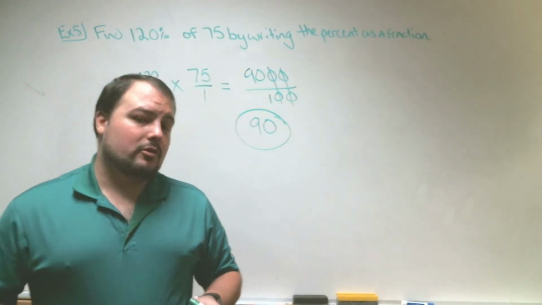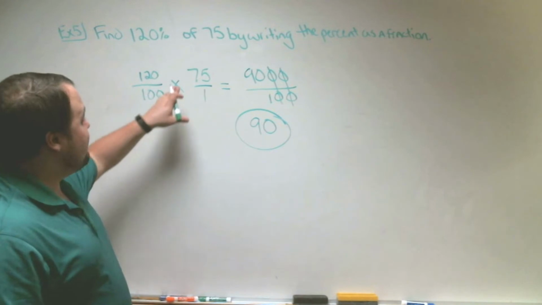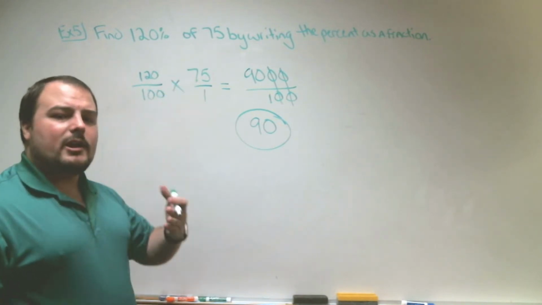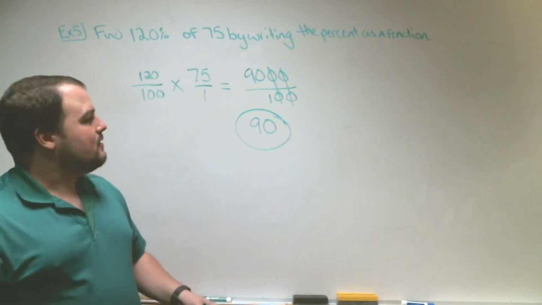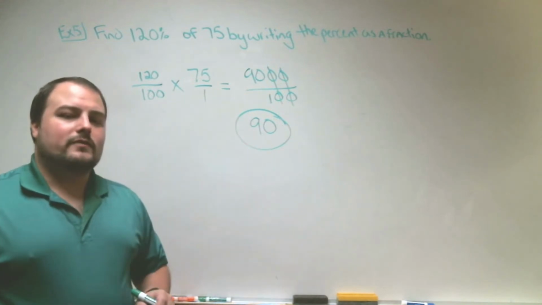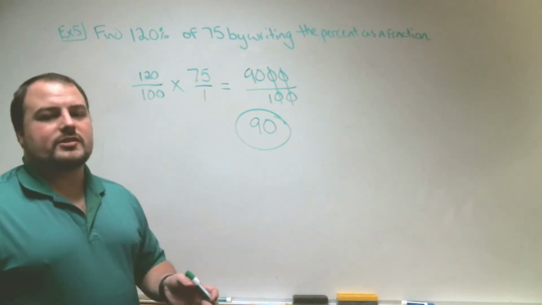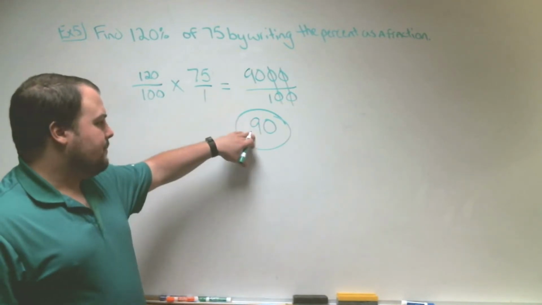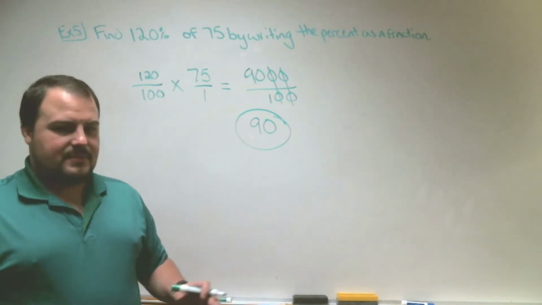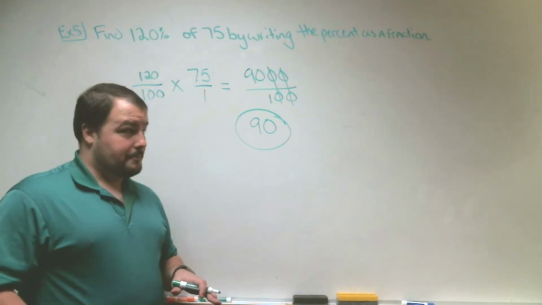So this is kind of like one of those examples that if I had 75 questions on a test and I had 120%, I got 90 questions right because 75 of those questions counted towards the 100, but 90 of those questions being right gave me 120 because I got the extra credit.